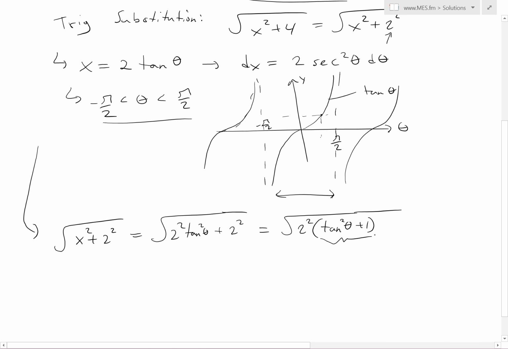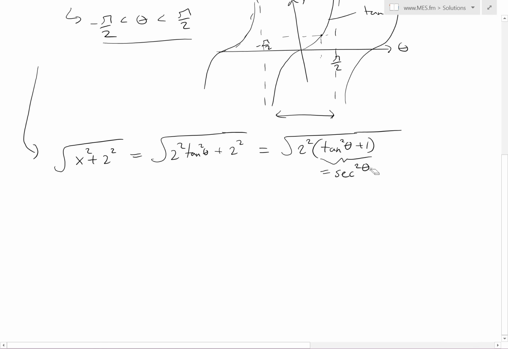Now if we recall the trig identity, this just equals secant squared theta. If we square root this 2 squared, that's just 2, and we have 2 times the square root of secant squared theta.